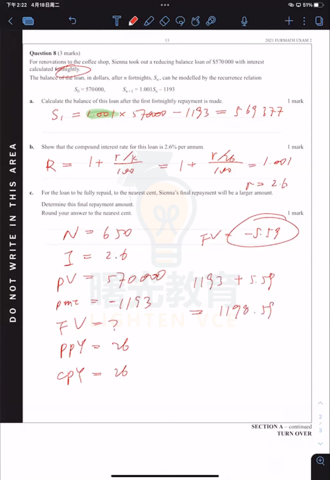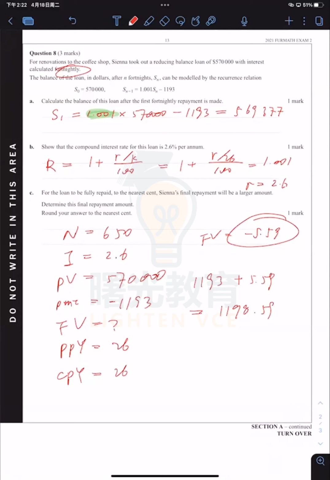So for this one, almost 80% of students make the mistake. They make the mistake because they consider, all right, I'm already using the financial solver to work it out, so that's the final answer. No, a little bit larger amount means the normal repayment plus this extra you owe. So you don't owe the loan anymore.